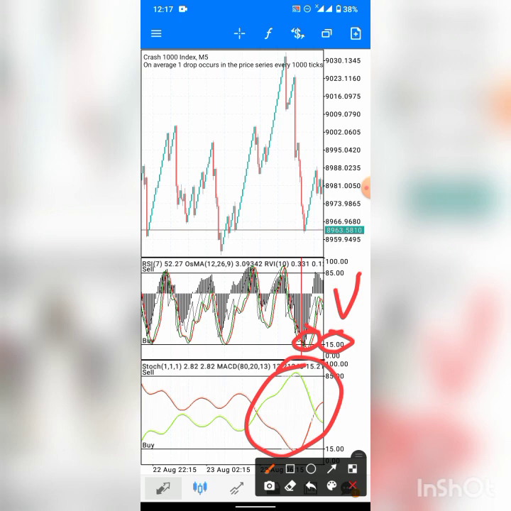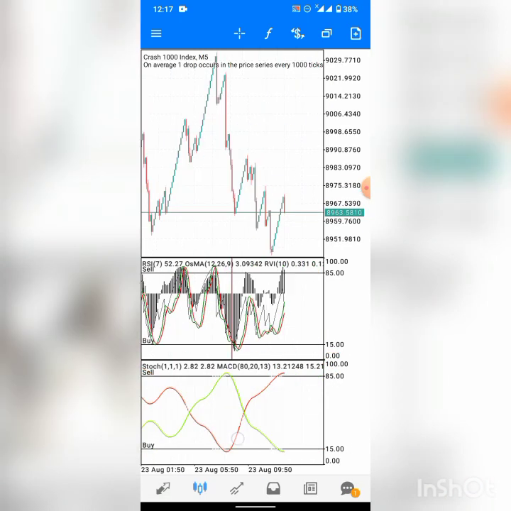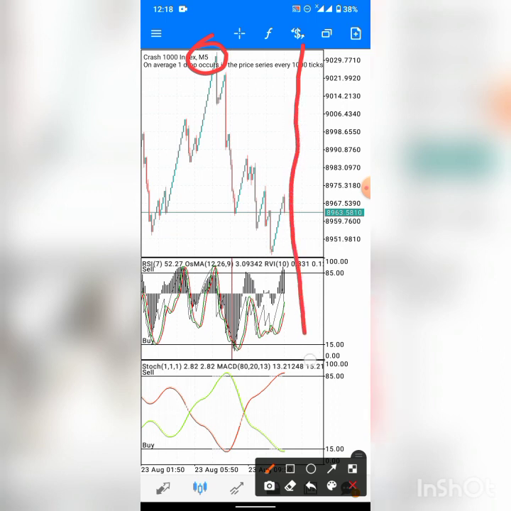Before you set this strategy, what I want you guys to know is that you should use this strategy on a 5-minute time frame. That's the first tip. The second tip is that you should shift your charts to at least this side of the screen. Some people leave their charts in the middle, some leave their charts here.